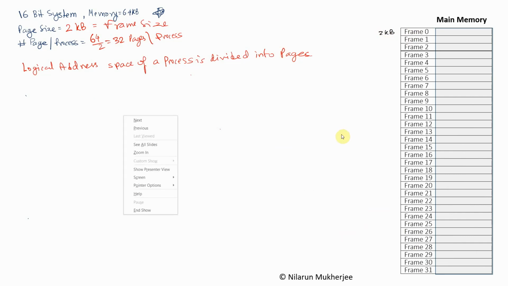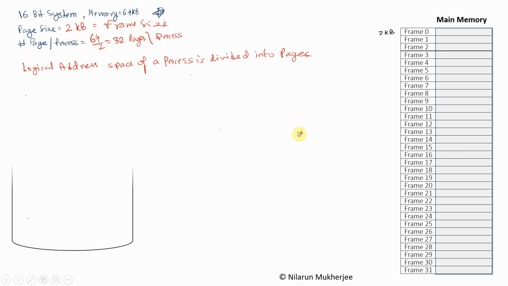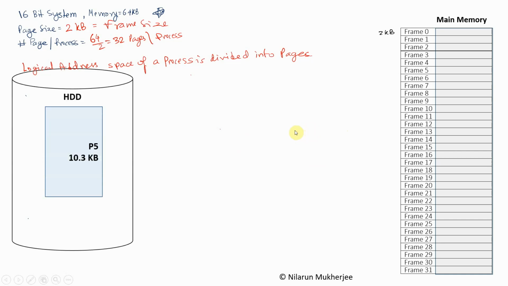Now next what will happen is that, suppose we have a new process submitted, which is a new process P5, new or swapped out. So whether it is under LTS or under midterm scheduler.